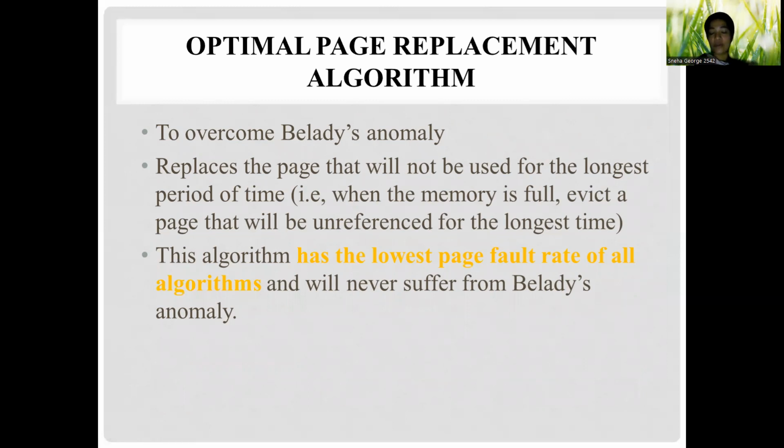Of all the basic algorithms, optimal page replacement provides the lowest page fault rate. And it does not suffer from Belady's anomaly. So this is a major advantage of going for optimal page replacement.